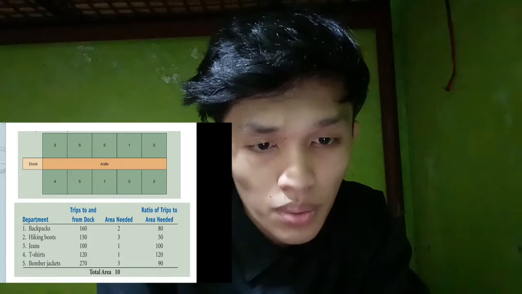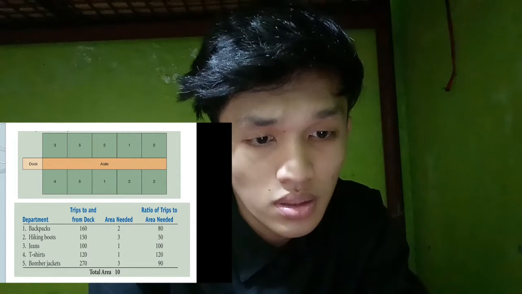Then next is number 1, the backpacks, 160 divided by 2 is 80. Dalawa siya dito sa una. Then last yung hiking boots which have 50 trips to and from the docks. So, ganyan po yung placing natin. Kailangan po natin munang kunin yung ratio niya bago po natin siya i-place sa ating layout.